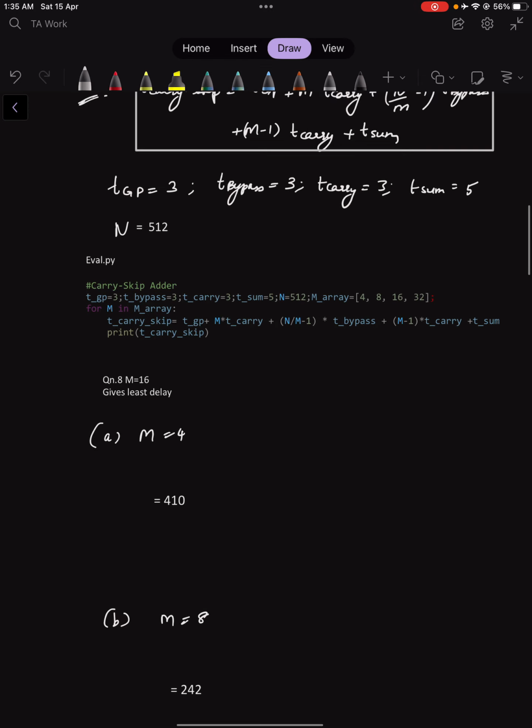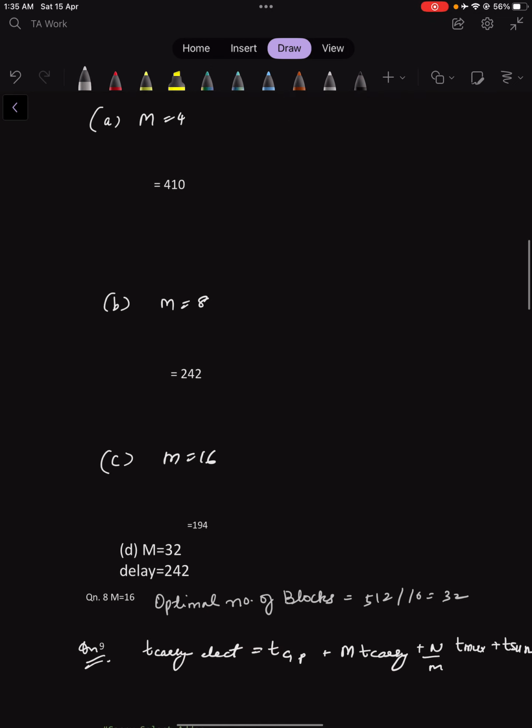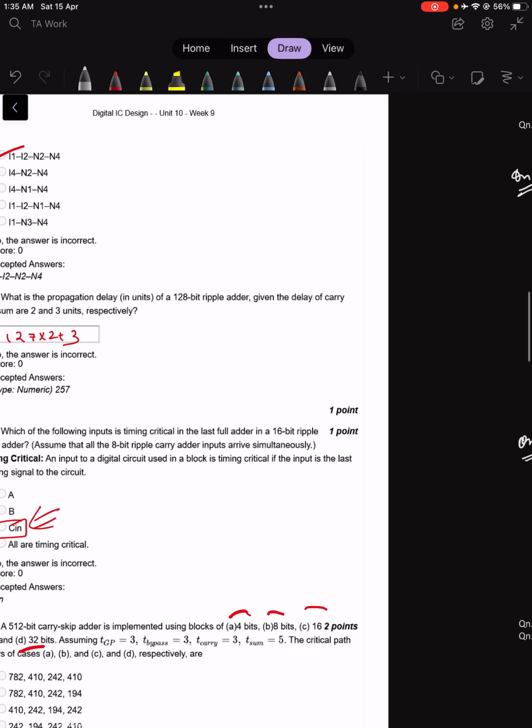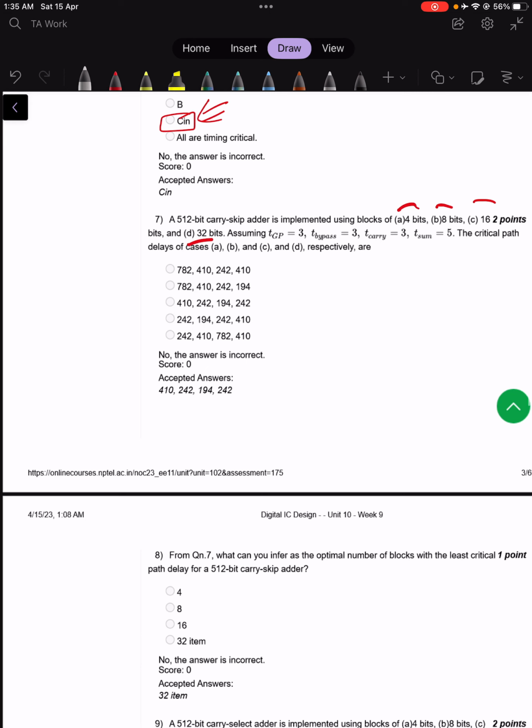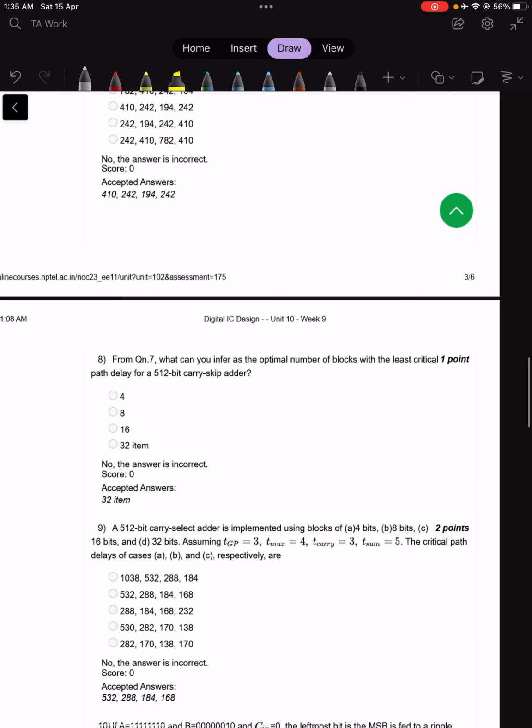Here's a simple Python script that can execute the formula for these 4 different values of M, and for each of these values you get the result. So that's question number 7.